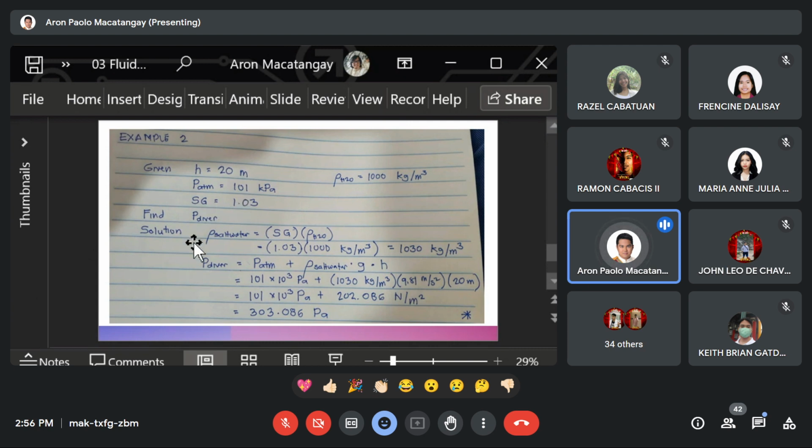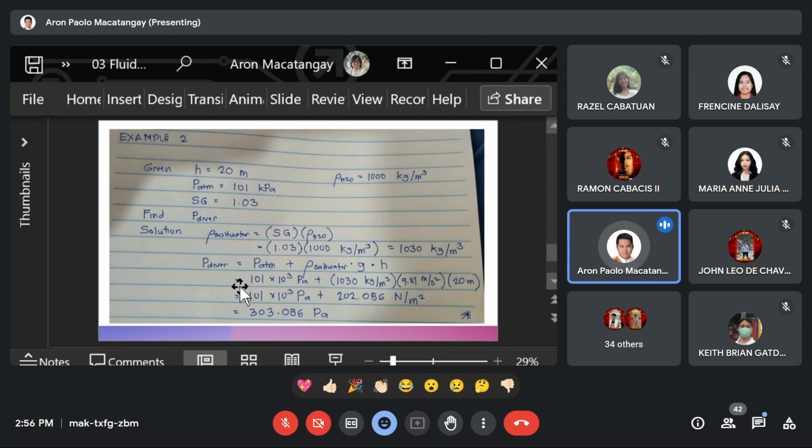So you first solve for your density of seawater or salt water by multiplying SG by yung standard mo na water density. So that's 1.03 times 1,000 kilogram per meter cube, then you get 1,030 kilogram per meter cube. Now that you have the density of your salt water, then you can use the formula rho gh plus atmospheric pressure to get the pressure of the diver. No?